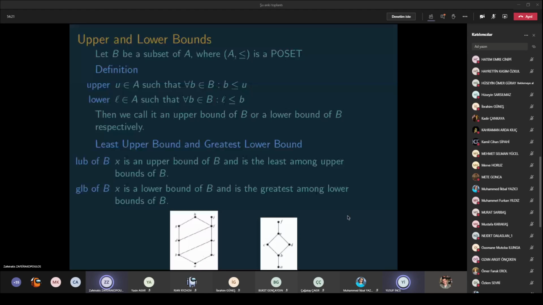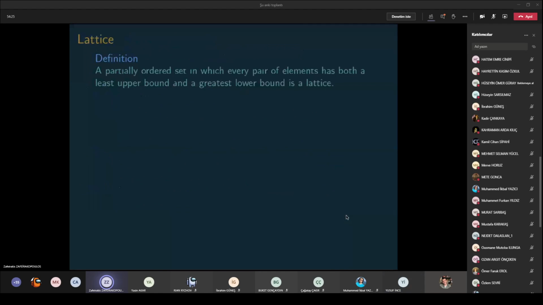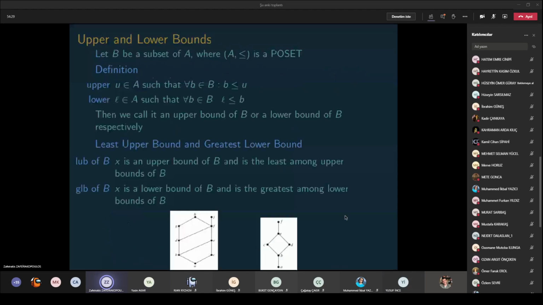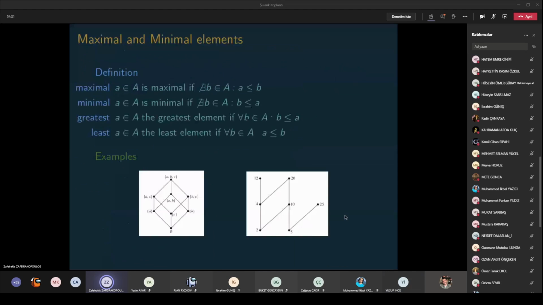I agree. So now let's go back. I have a question. If our relation is divisibility, what is the least upper bound?